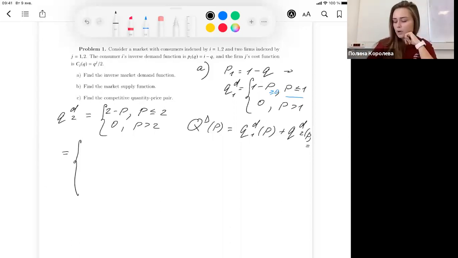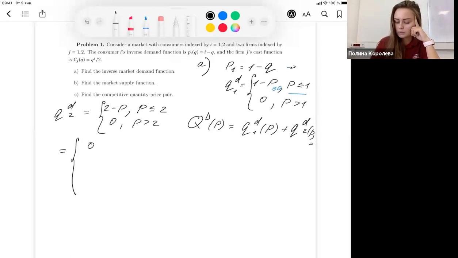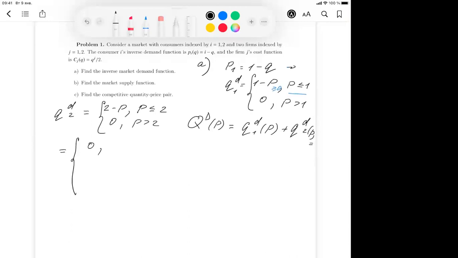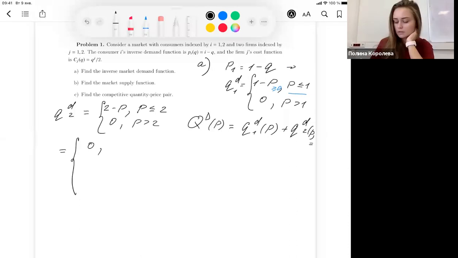So if price is very, very big, nobody demands the good. So our demand will be equal to 0. For which prices? Who can answer? For all consumers. More than 2. More than 2, yes, exactly. So if price more than 2, nobody demands.